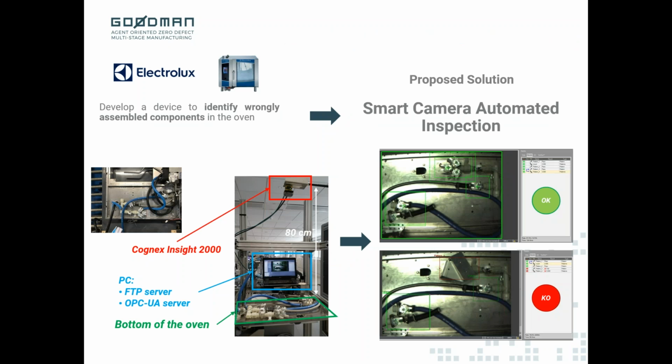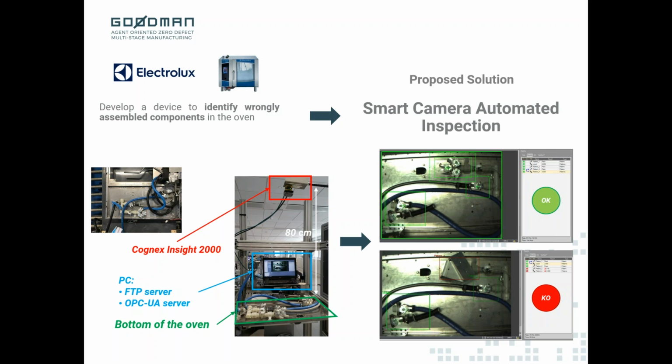For the development of the device to identify wrongly assembled components in the oven, Lucioni decided to go towards the use of a smart camera automated inspection. They use a Connect Inside 2000 camera and a PC, which is using an FTP server and OPC-UA server.